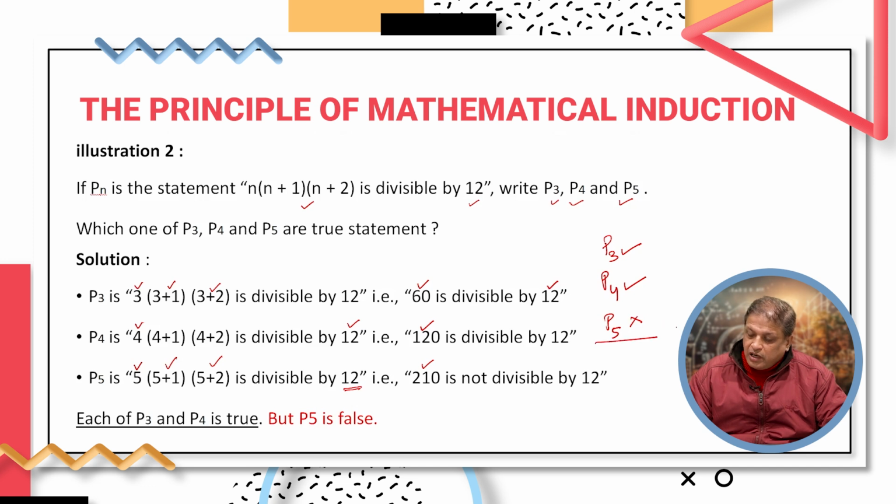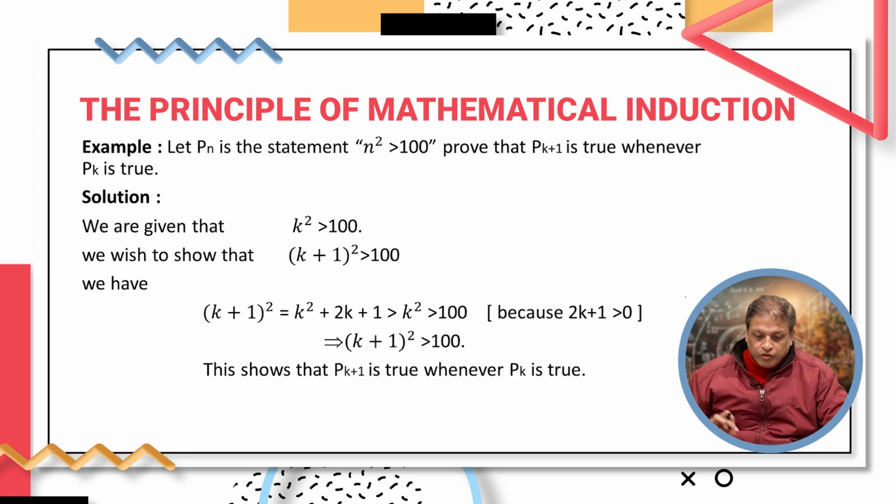So we cannot generalize the pattern by looking at a few terms. That means P3 and P4 are true, but P5 is false.